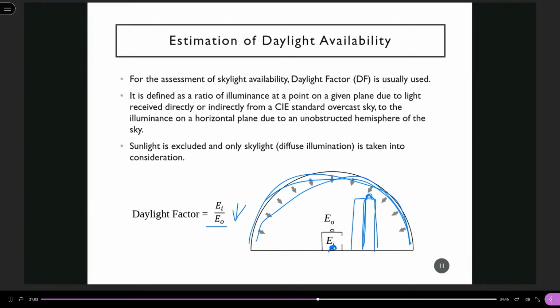And it also represents the effectiveness of the window to transmit the daylight into the interior. How efficient is the window system at capturing the daylight into the interior? So for the daylight factor, the higher it is, the larger the skylight availability will be.